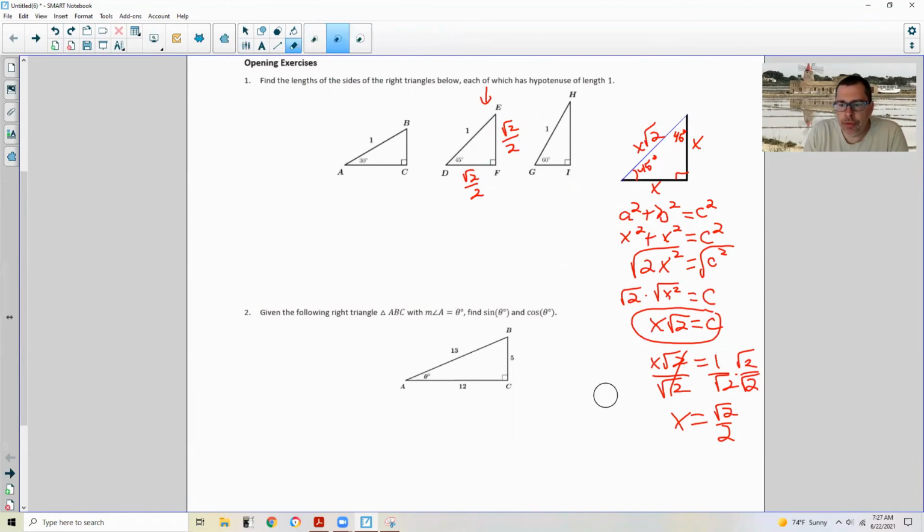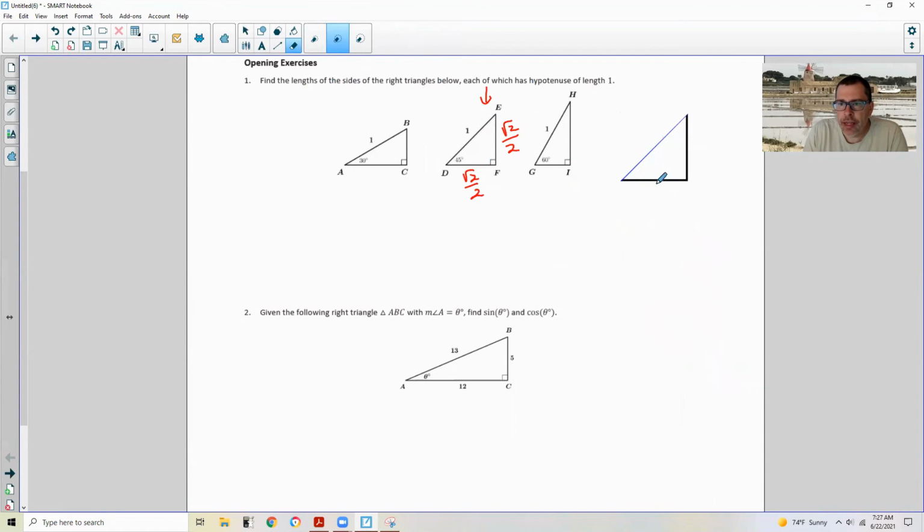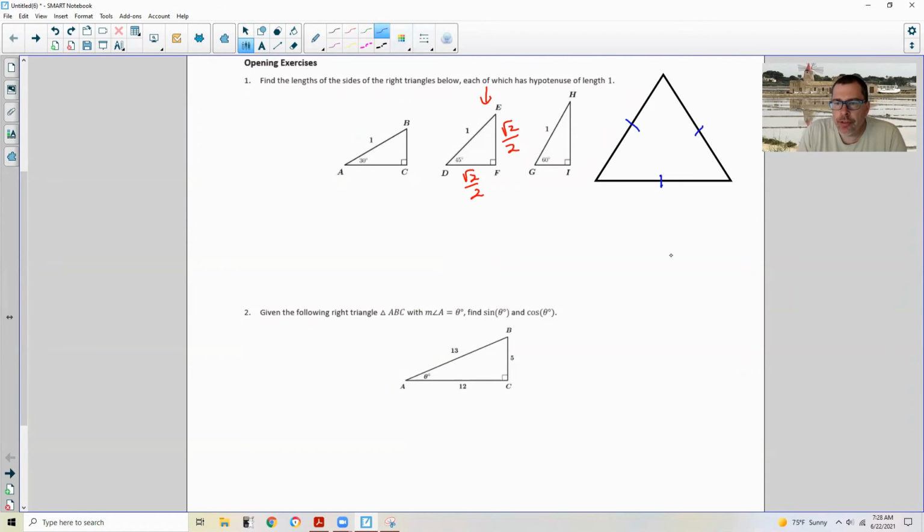So now let me erase this, and then I'll do the next one for 30-60-90 special right triangles. This time I'm going to use an equilateral triangle, and watch what happens here. What do we know about equilateral triangles? All the sides are congruent. Well, if that's the case, then all the angles are congruent, and we would call it an equiangular triangle.